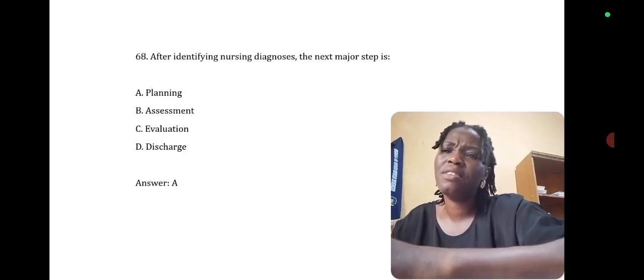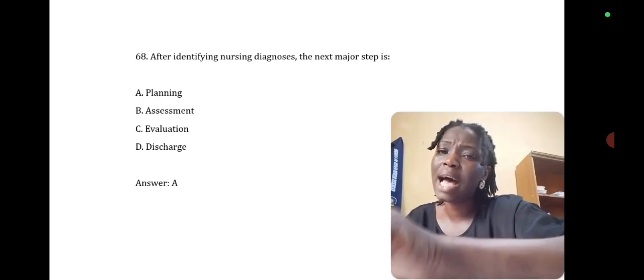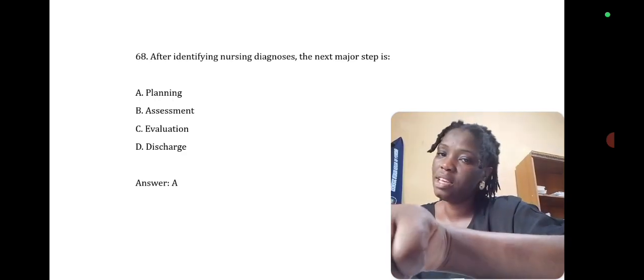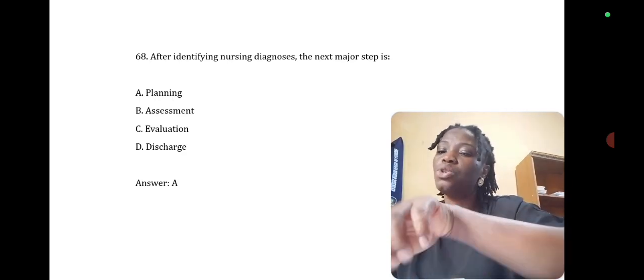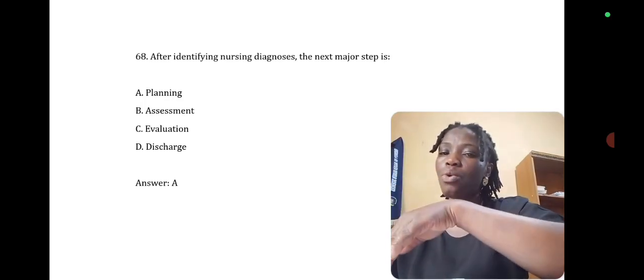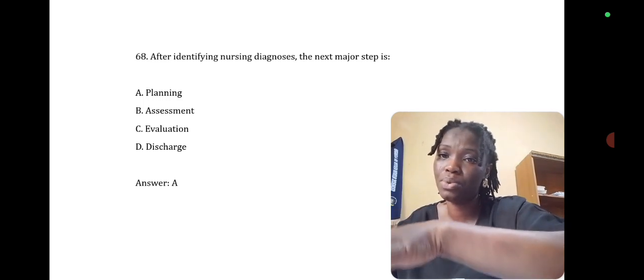Number 68. After identifying nursing diagnosis, the next major step is what? After diagnosis, what is next? Planning. After planning, intervention or implementation. After implementation, evaluation. Once you know these five steps and how they go, you'll be able to answer almost all questions concerning the nursing process.